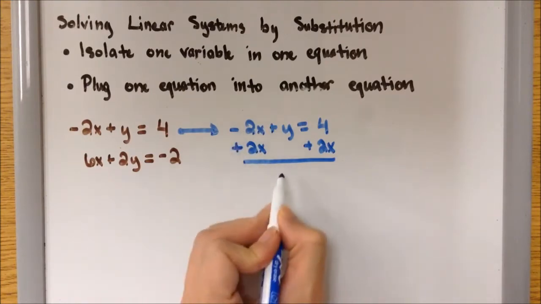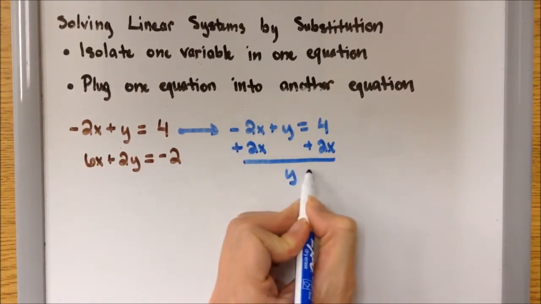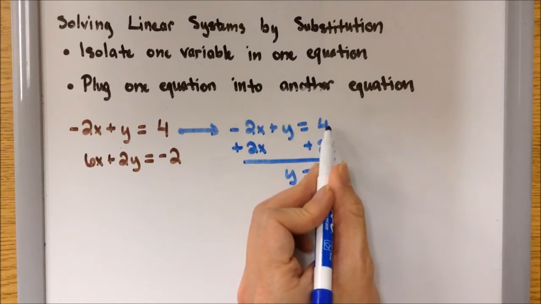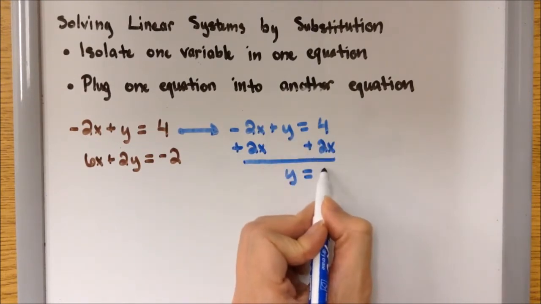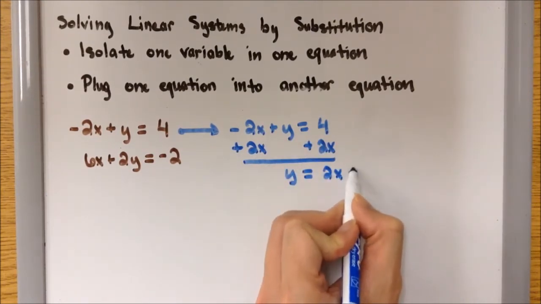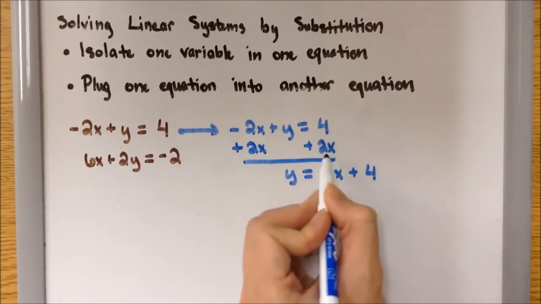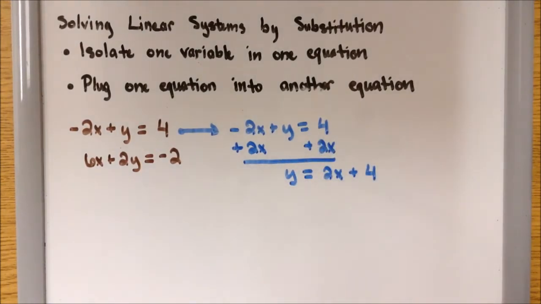So the 2x cancel out, and I only have the y on the left side. 4 plus 2x would simply just be 2x plus 4, because that's a number combined with a variable. Alright, so I got the y by itself.